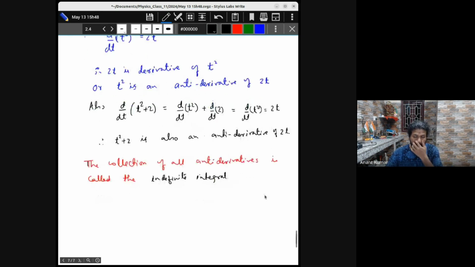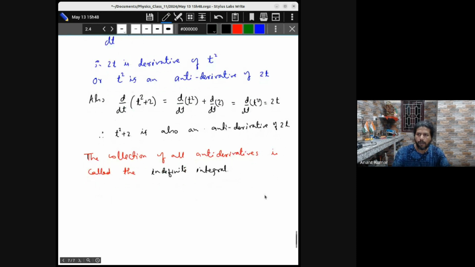So basically the idea is that if I differentiate d by dt of capital Ft, for example, and it is equal to small ft, then small ft is the derivative of capital Ft.